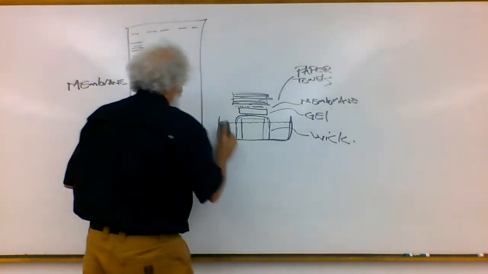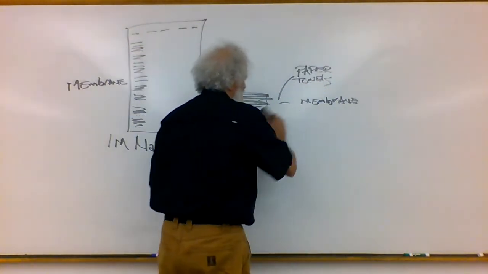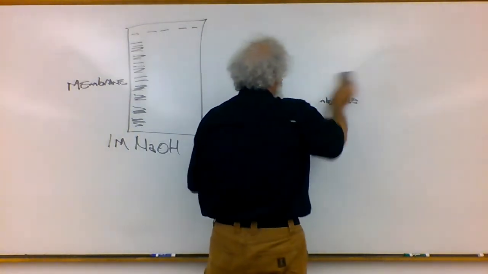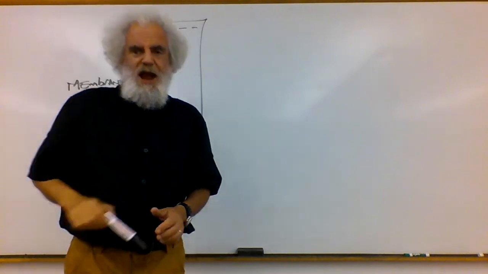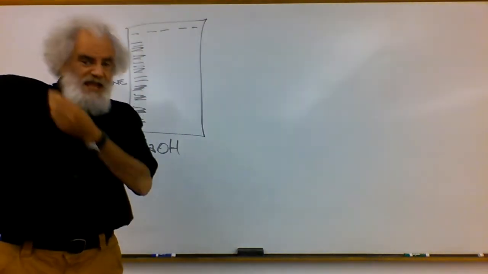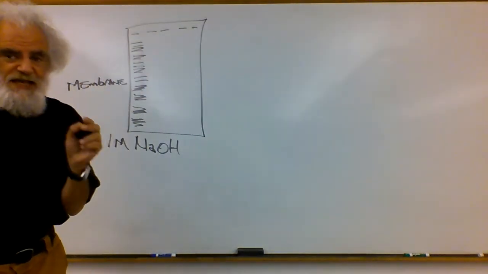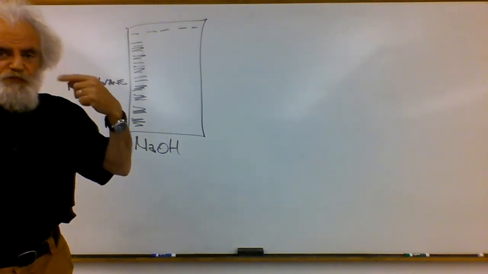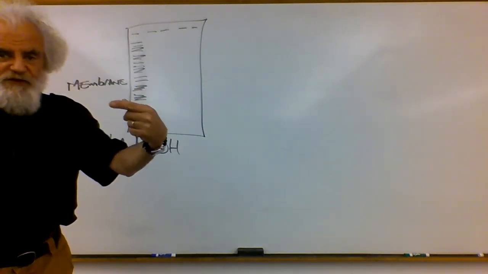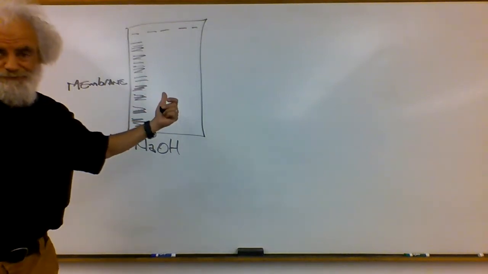Okay, the next thing we're going to do is make a hybridization probe. And a hybridization probe is a DNA fragment that you're using as the probe for hybridizing to a band here.